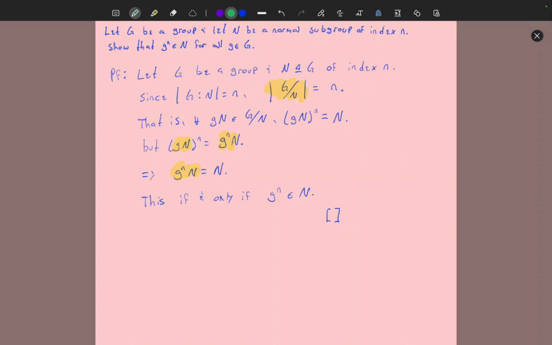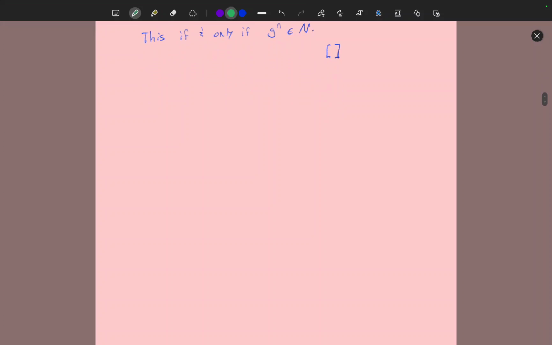Now I did want to look at some examples that highlight this theorem in action. So if we take, for example, a group G equal to, I don't know, the integers mod 6. The integers mod n in general form an abelian group under addition, so any subgroup of the integers mod 6 will work as a normal subgroup.